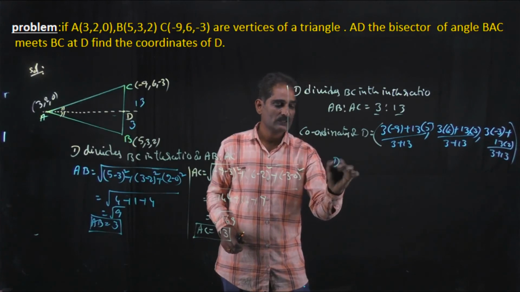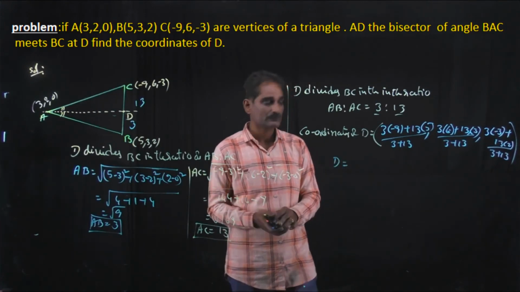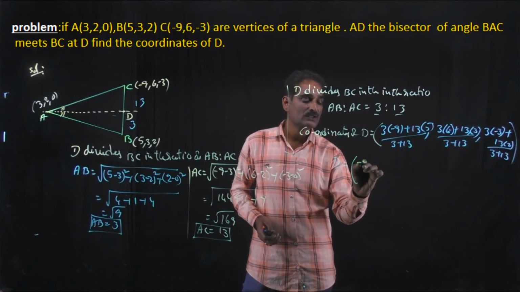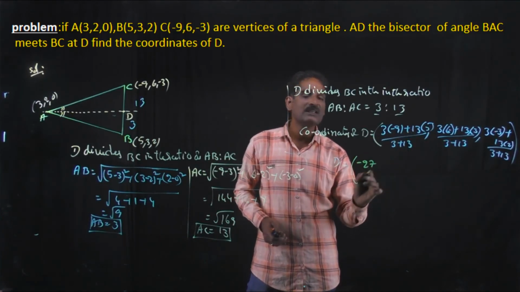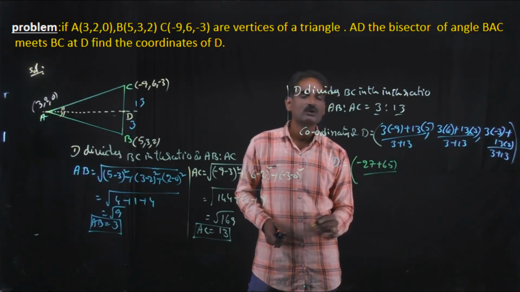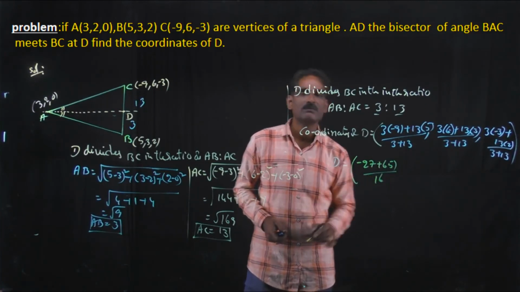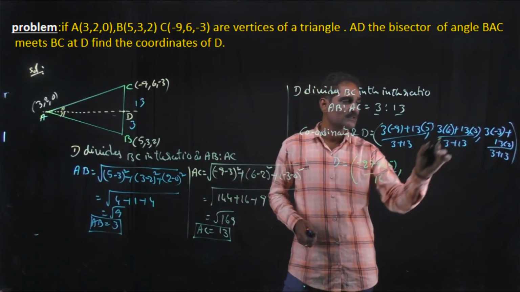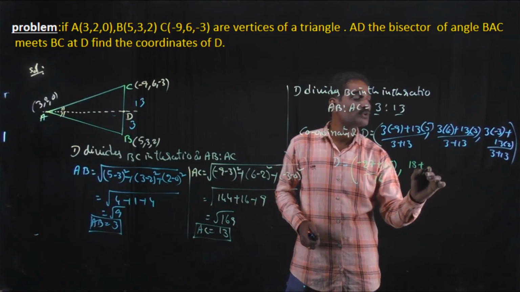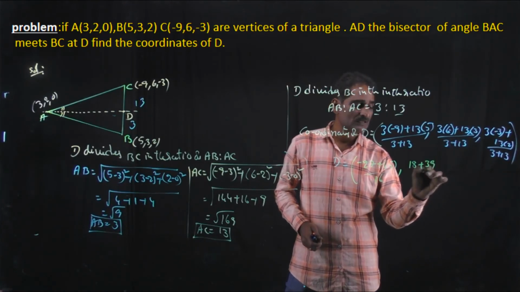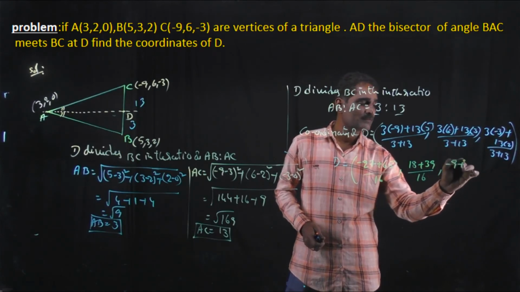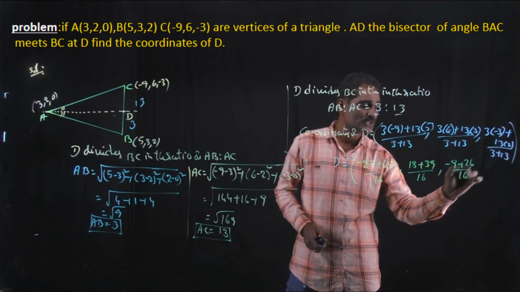Now the coordinates of D is equal to 3 into minus 9, minus 27, plus 13 into 5, 65, by 13 plus 3, 16. Next 3 into 6, 18, plus 3 into 13, 39 by 16. Then minus 9 plus 26 by 16.